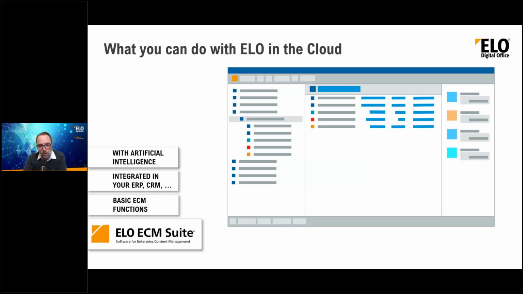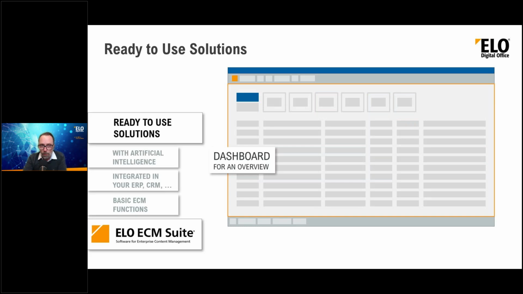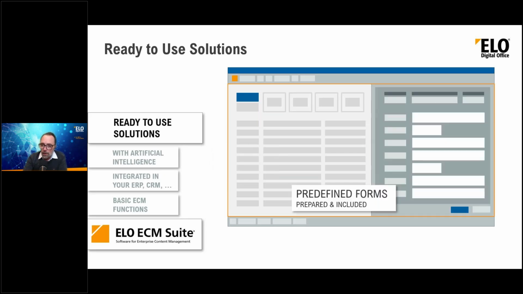We have business solutions in our on-premises world, but there will be business solutions in the cloud world as well. And a business solution is a ready-to-use solution, which comes with a dashboard for an overview. So, for example, when you have contracts, then you have an overview of your contracts in the dashboard. It comes with predefined forms. They're prepared and included, so you can use them as they come, or you can customize them as you need them.